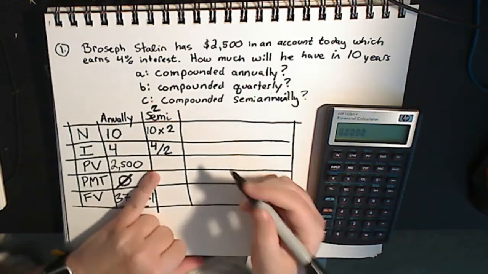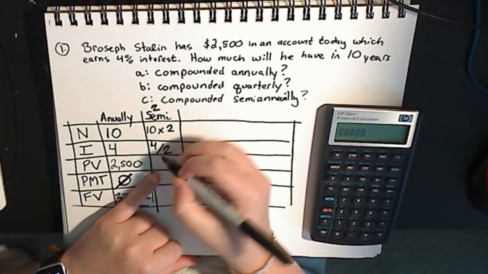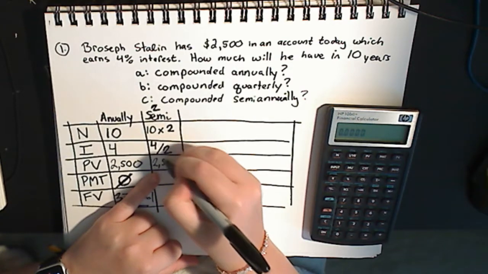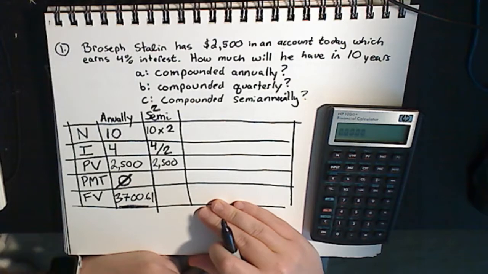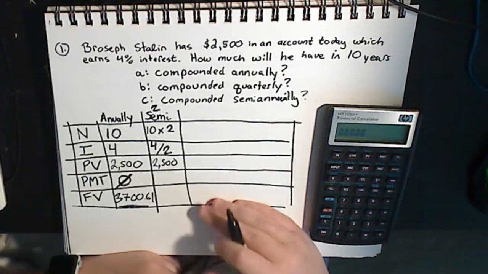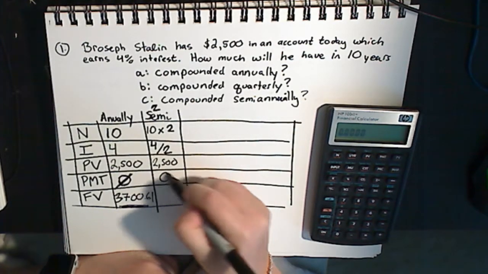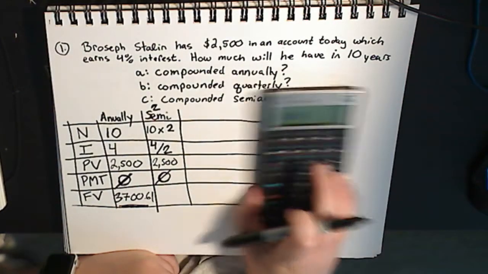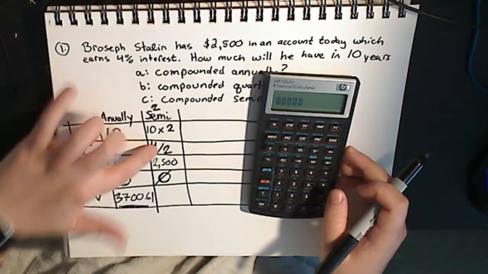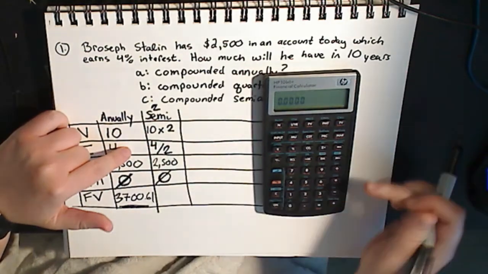Present value hasn't changed. She's still sticking $2,500 in the account at the start. And payment has not changed. It's still 0. So let's figure this out. Now you can do this math beforehand and then stick it in the calculator.